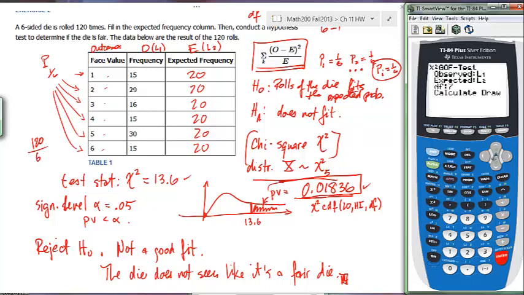We have our observed values in L1, our expected values in L2 already, and our degrees of freedom in this case is 5. So let's put 5 there. And we can ask it to calculate. We can also ask it to draw. We might as well ask it to draw because we'll see the graph. We should see the test statistic and a p-value.